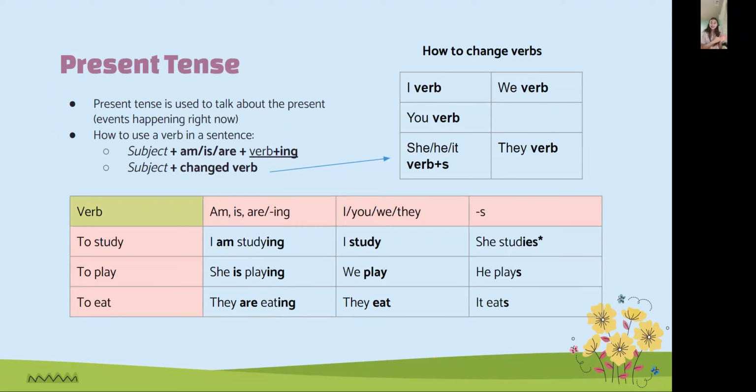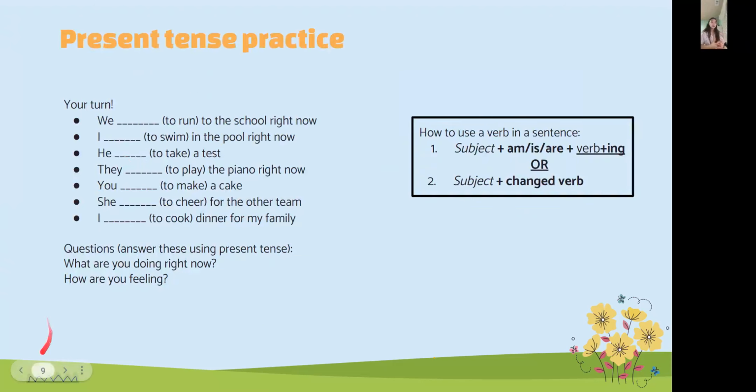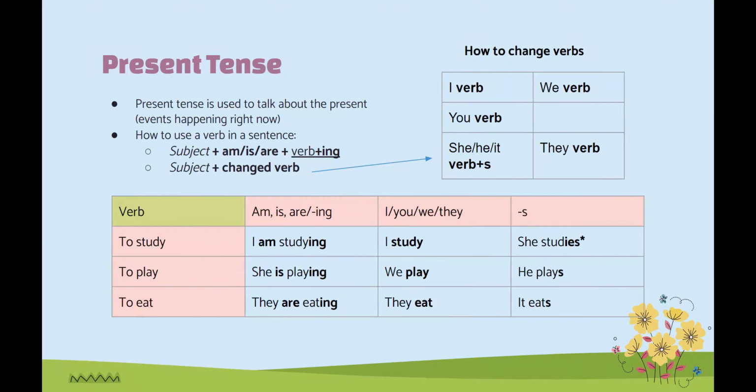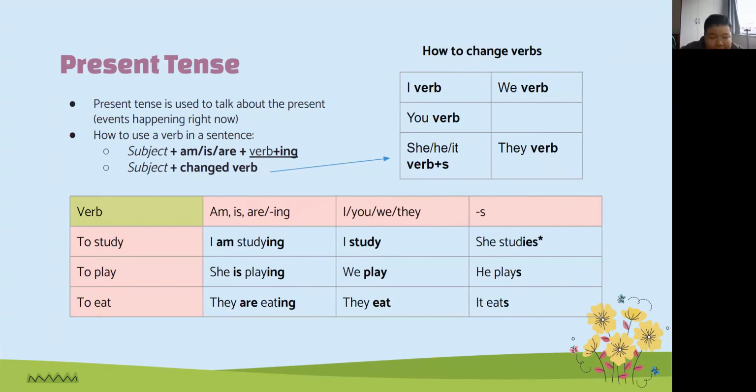Thank you so much for sharing, Sophia. Gabriel, can you think of a sentence using ing? I am studying things about my assignment. That's very good. Assignment is a very hard word. Thank you so much for sharing, Gabriel.